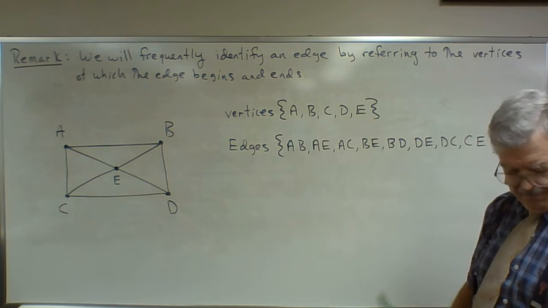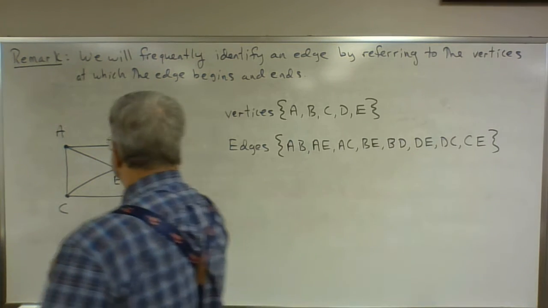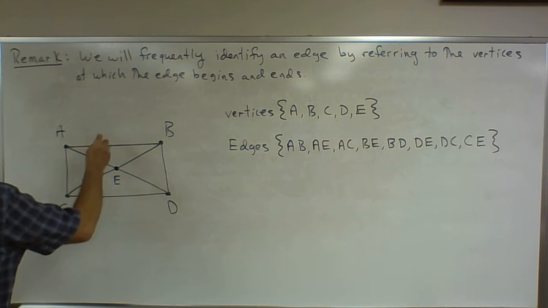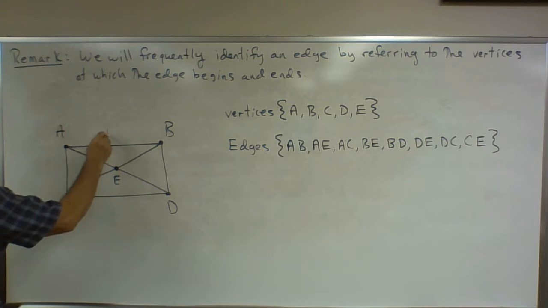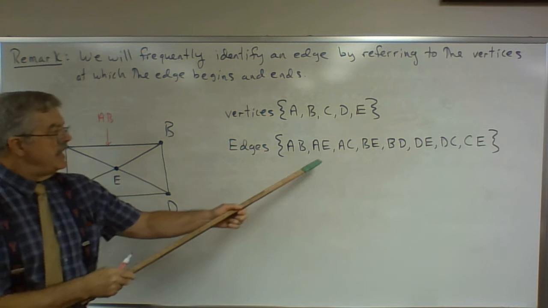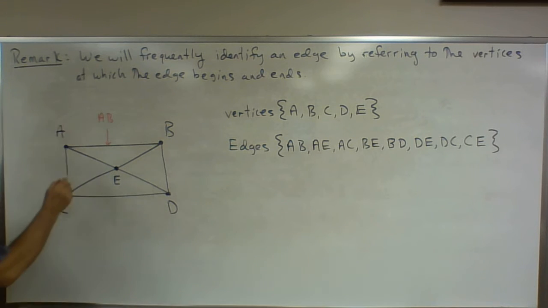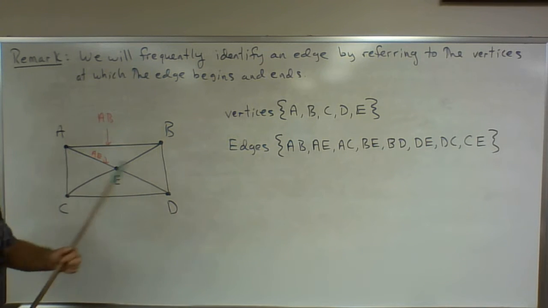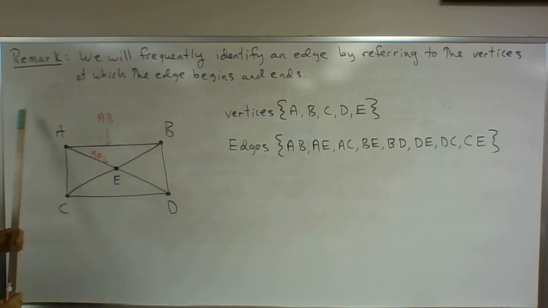AB is an edge. AE is an edge. AC is an edge.